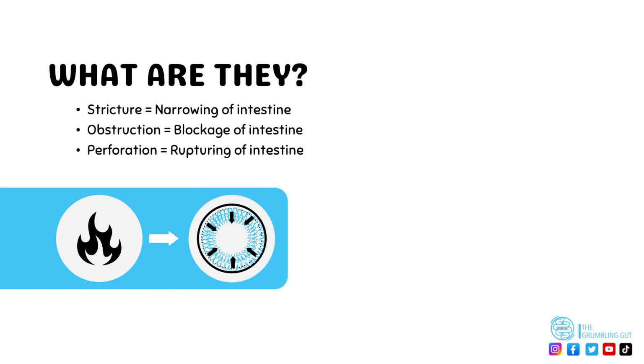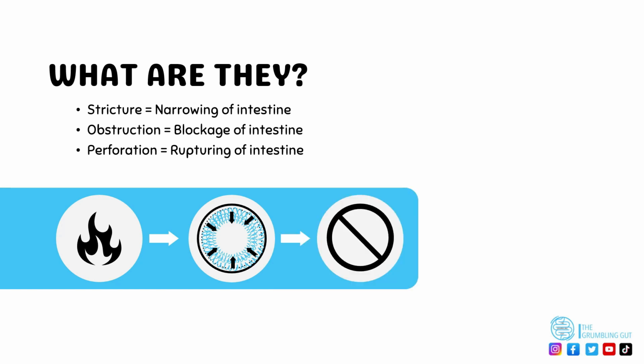What this causes is that the scar tissue makes the space in the intestine, which is known as the lumen, become more and more narrow. This is the stricture. The stricture can make it difficult for undigested food to pass through, which can cause pain in some people with IBD. And the more this inflammation and repair process occurs, the smaller the lumen of the intestine gets.